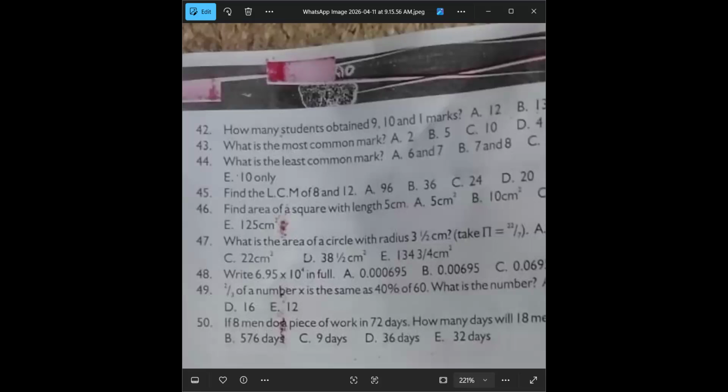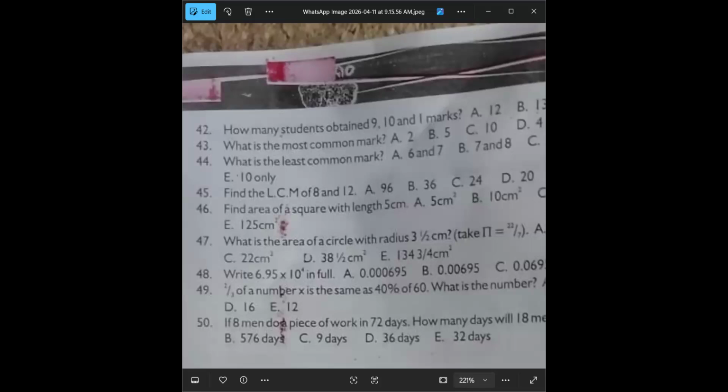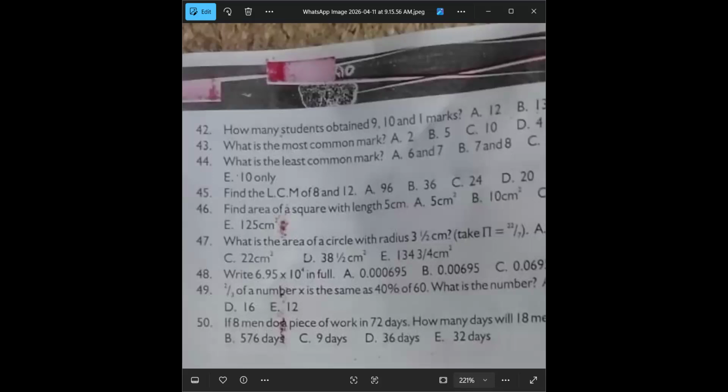Why? When you are adding, you do 5 plus 5. Even when you're adding, there's a simpler formula for you. Just do 4 times L, finish. No need to be doing 5 plus 5 plus 5 plus 5. That is for the perimeter. So we're talking about area now. Please, it's just simply 5 times 5. Okay. Yes, sir. All right. That's good.